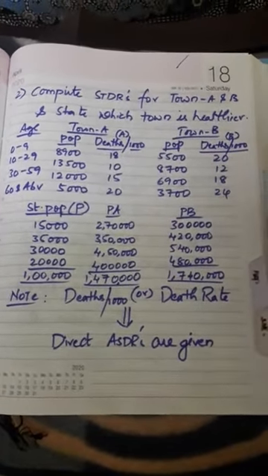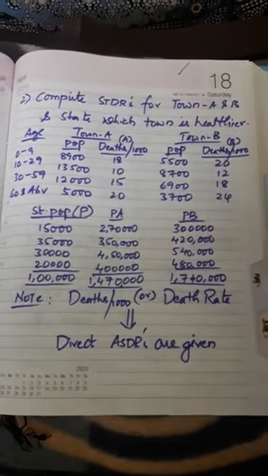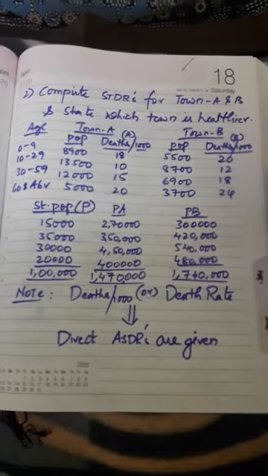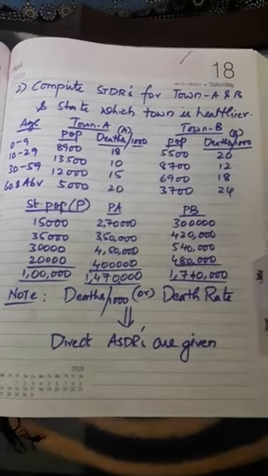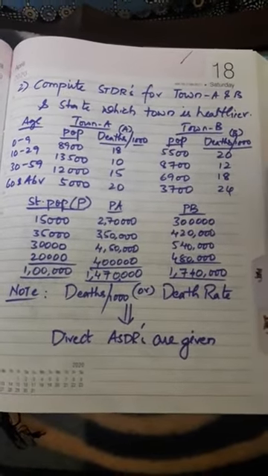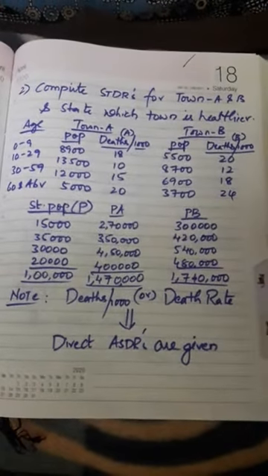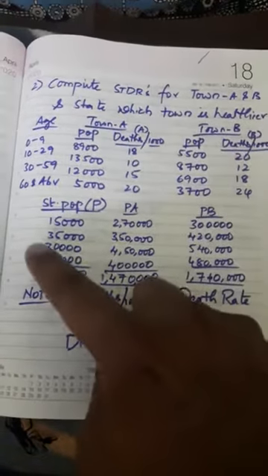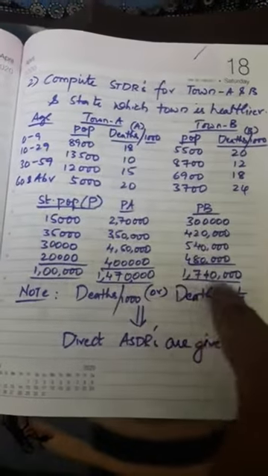Remember, only when deaths are specifically mentioned do you have to calculate ASDRs. If it is deaths per thousand or death rate, you need not calculate ASDRs separately.